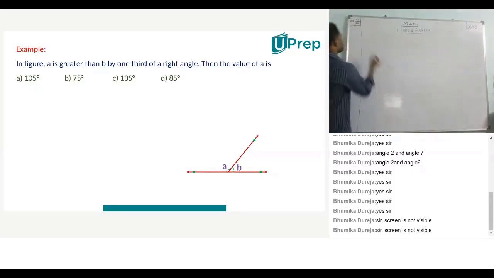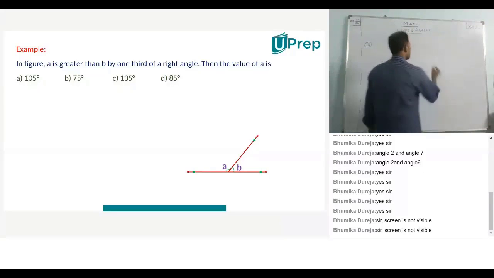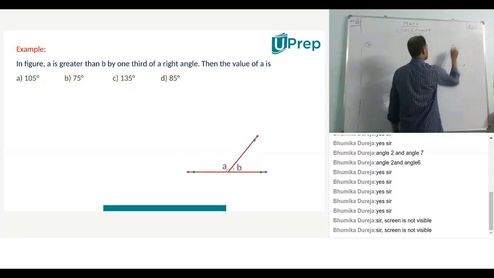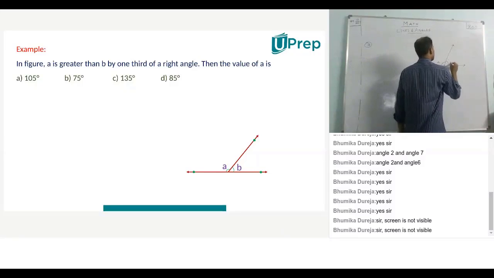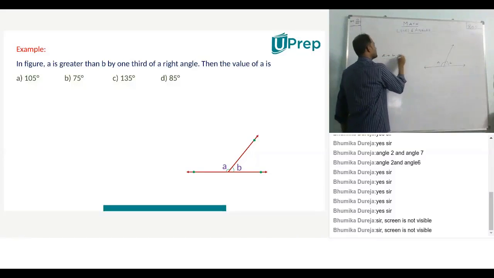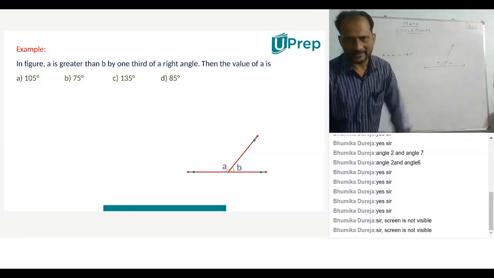Okay. Now coming to the third example. In the figure, A is greater than B. So obviously, A plus B will be equal to 180 degrees because straight angle, right?